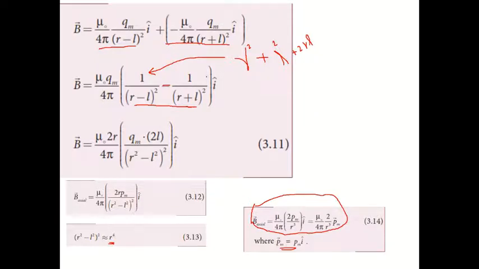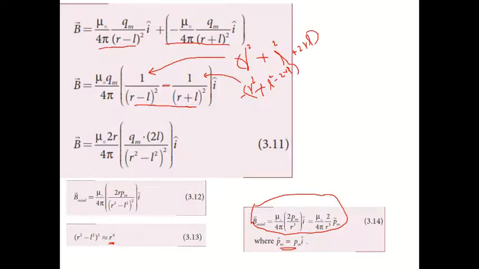On this side you will get r square plus l square minus 2rl. Okay, so r square plus l square plus 2rl minus (r square plus l square minus 2rl).